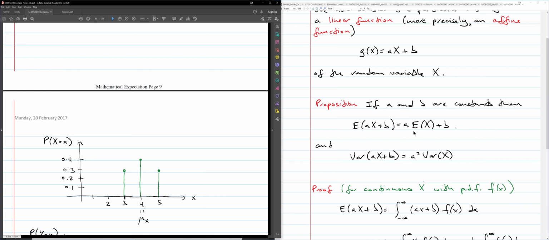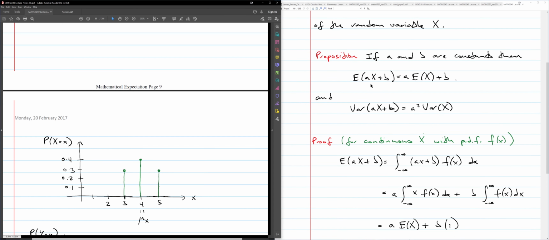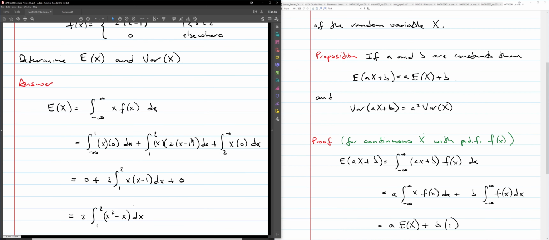Let's prove this first one over here, that the expected value of aX plus b is equal to a times the expected value of x plus b. We're going to do it in the case of a continuous random variable.